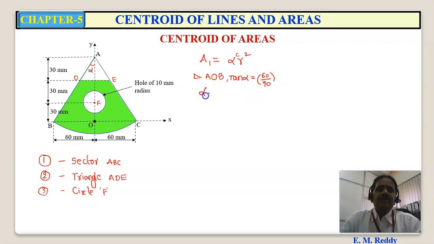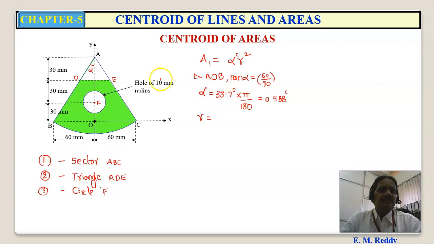So you can calculate alpha as 33.7 degrees, right? So if you want to convert this into radians, into pi by 180, because in the formula we need alpha in radians. So it is 0.588.